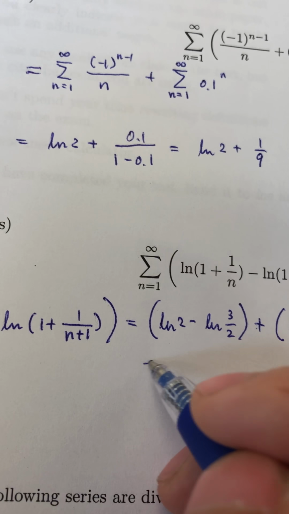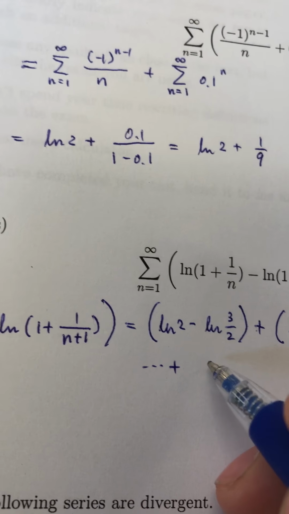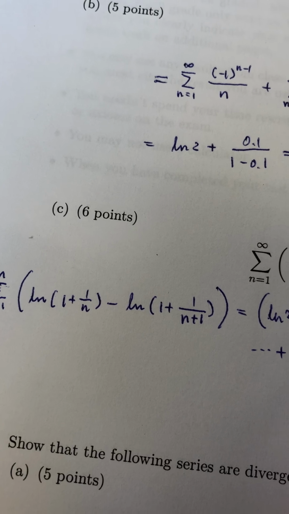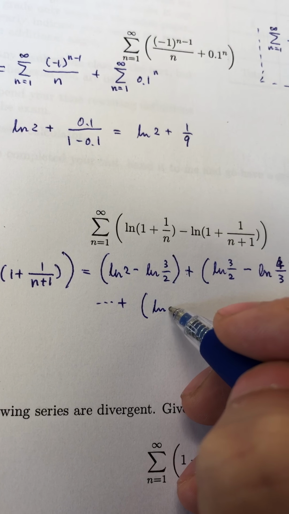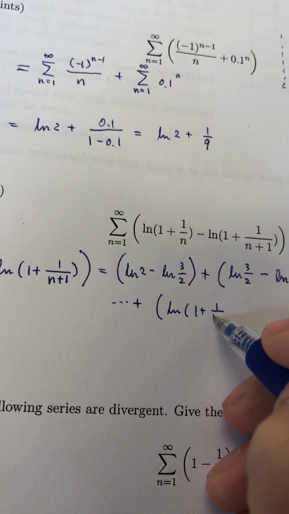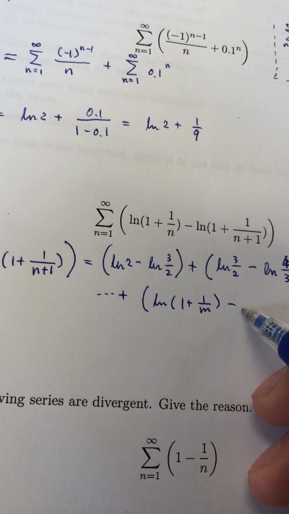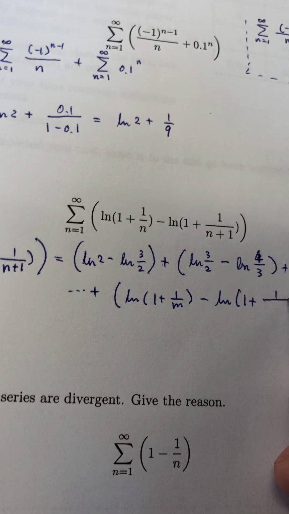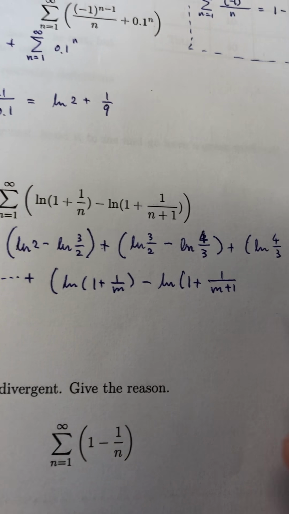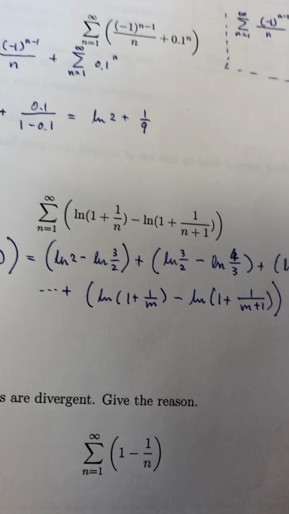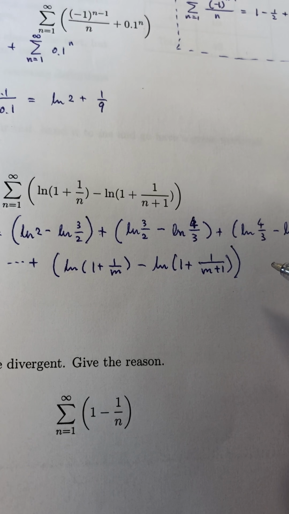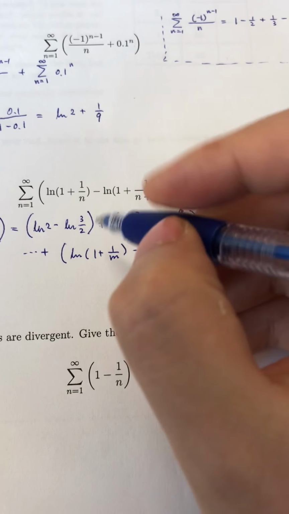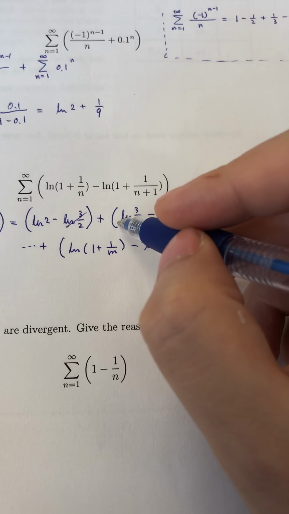The last term in this partial sum will be log of 1 plus 1 over m minus log of 1 plus 1 over m plus 1. Once you write down this partial sum, you see that all the terms in between are cancelled.